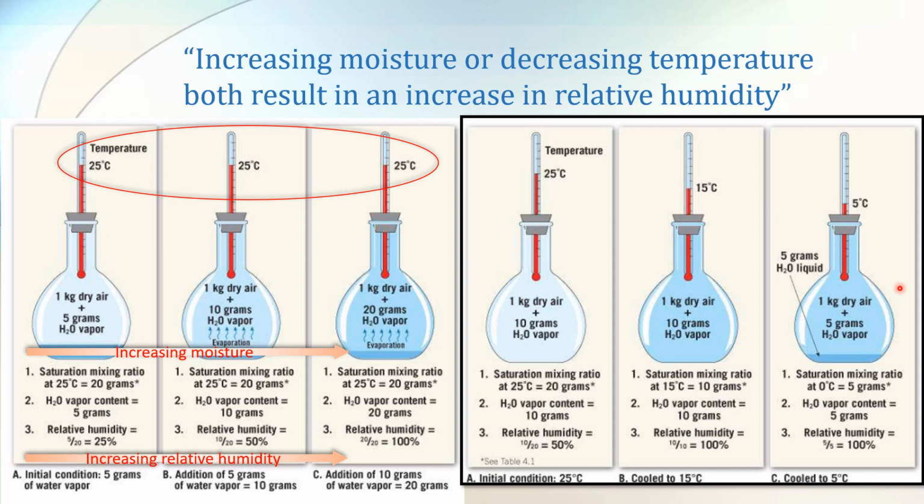And so the further cooling, which is the decrease of temperature from 15 degrees Celsius to 5 degrees Celsius in here, causes 1/2 of the water vapor to condense. If you see, there is 10 grams and 10 grams, even if you decrease the temperature, the moisture or the water vapor is constant.